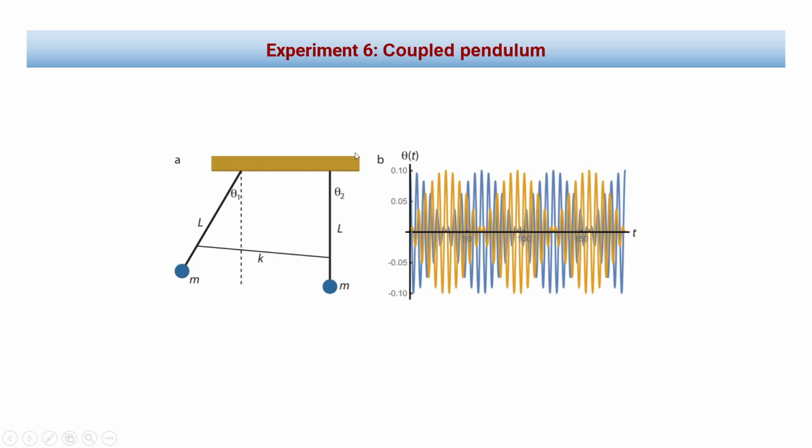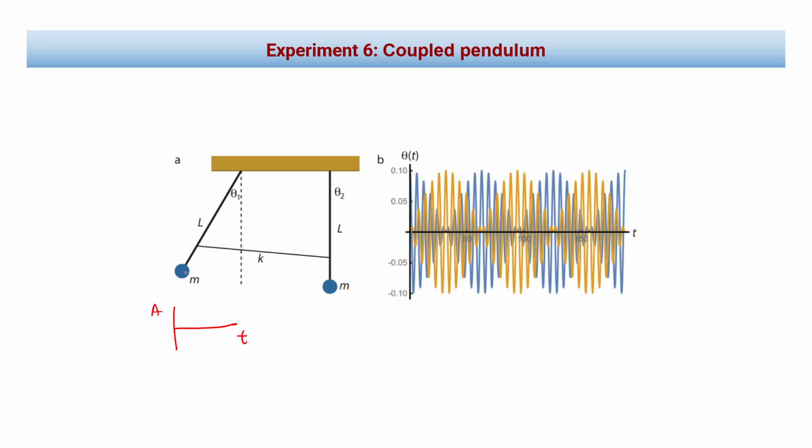So when this happens, one pendulum is at rest and I only displace the other one. In this situation, this resonance happens, and this graph shows the amplitude versus time.